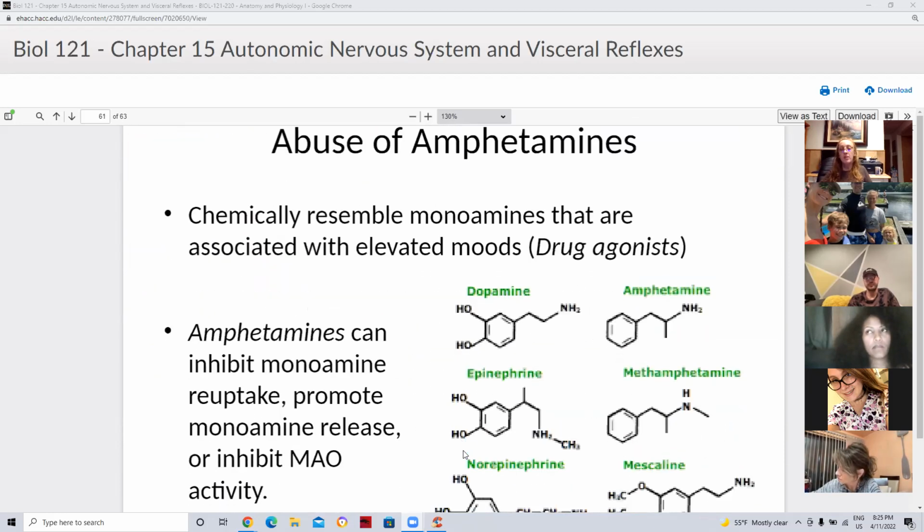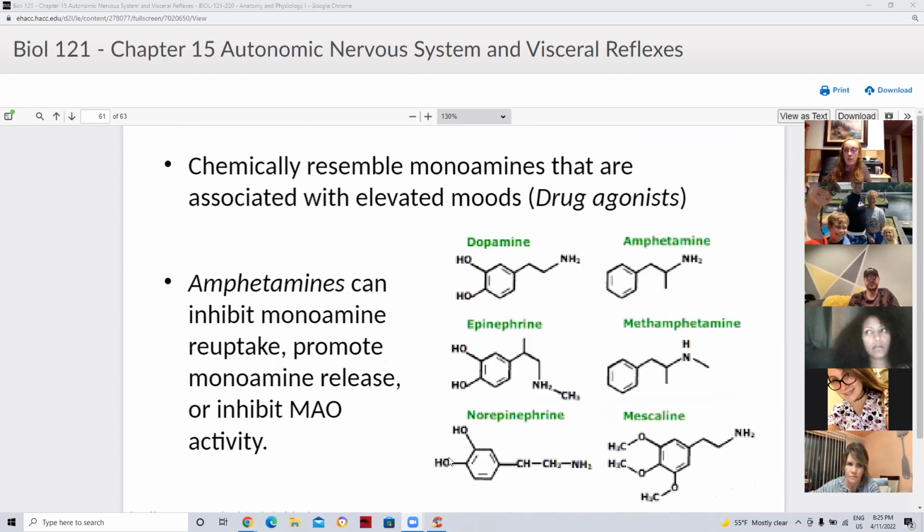Why are amphetamines so easily abused? They chemically resemble monoamines that are associated with elevated moods. Amphetamine has a high resemblance to dopamine. Methamphetamine, probably the most abused drug in the world right now, has a very high resemblance to epinephrine. And mescaline has a high resemblance to norepinephrine.